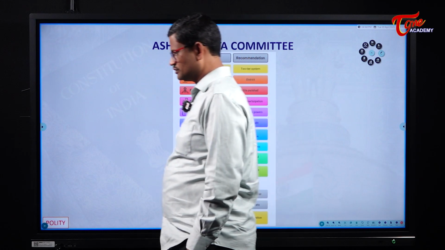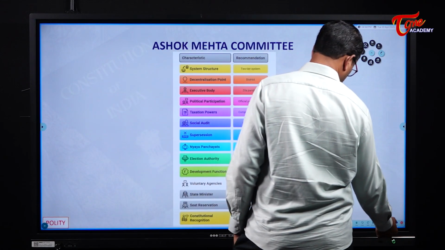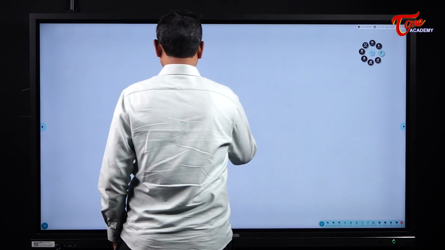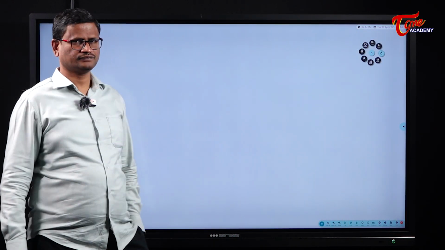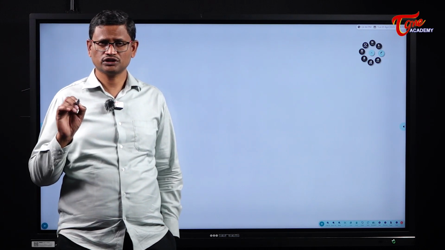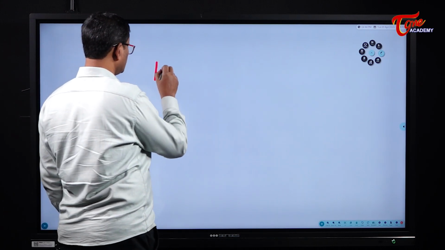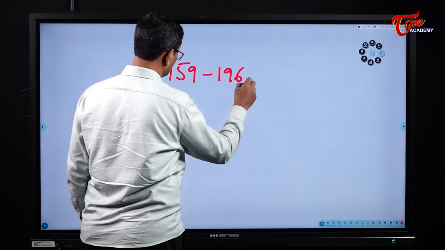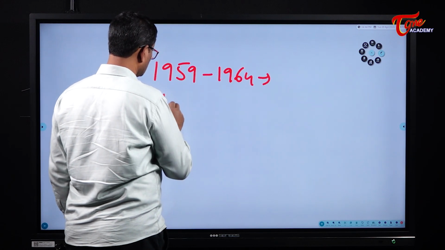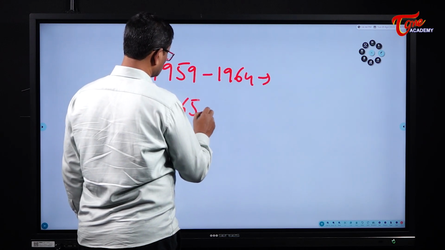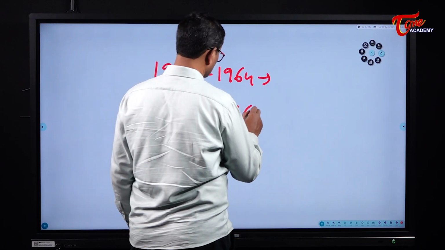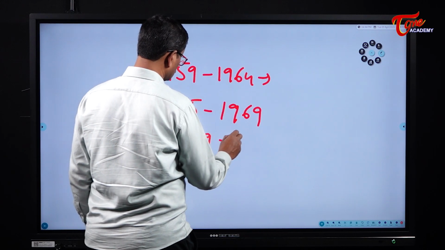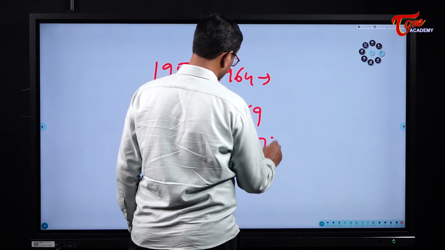Ashok Mehta Committee. See here, before we discuss Ashok Mehta Committee, see the evolution of the Panchayat Raj system has been broadly divided into three phases. 1959 to 1964, this is one phase. Then 1965 to 1969. Then from 1969 to 1977.